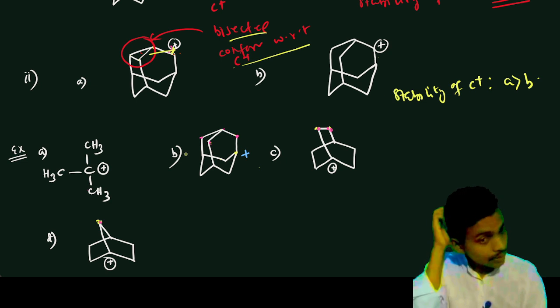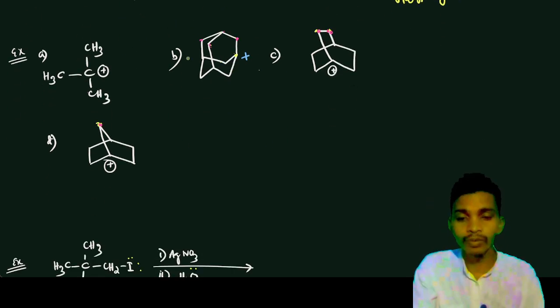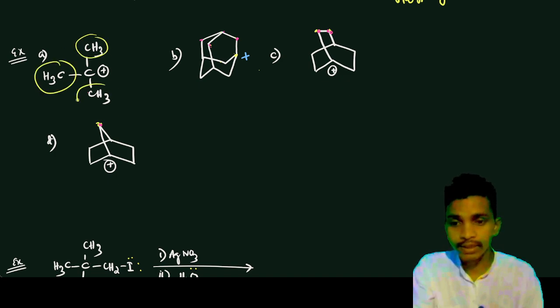Okay, so similarly here also if you check the stability of the carbocations. So here, 3 CH3 groups are there, so this is a 3-degree carbocation, and when this carbocation is in this ring, how many of this type of bridge are there?